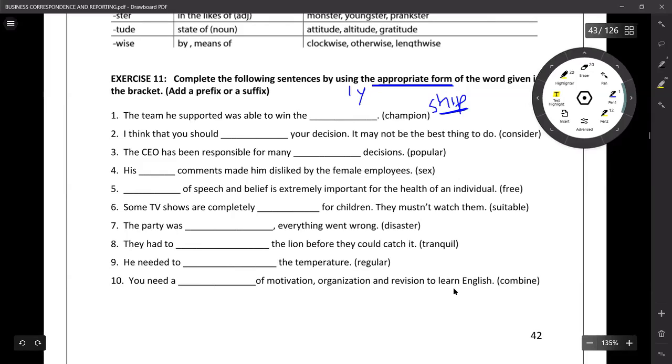Regular, regularly, what? Like that. You have to just check same word, just play around with the different forms of the word.